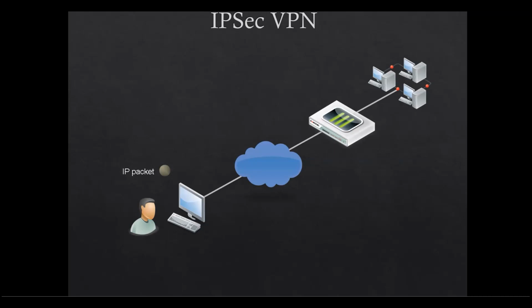You are working on it at the application level. When this packet needs to go out, it has to convert itself to an IPsec packet, and once the conversion is done, it is sent to the other side. When it reaches the firewall, it decrypts the packet and then sends it across to whatever server you are trying to access.